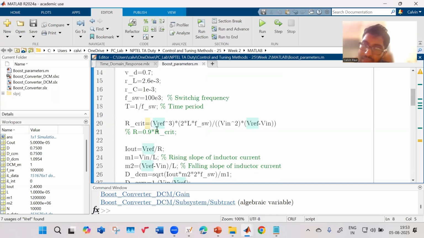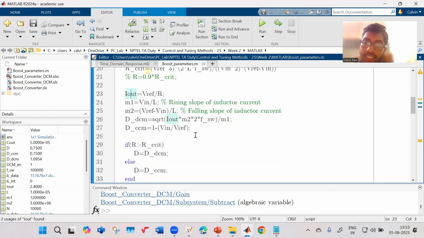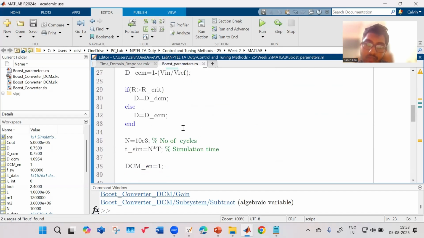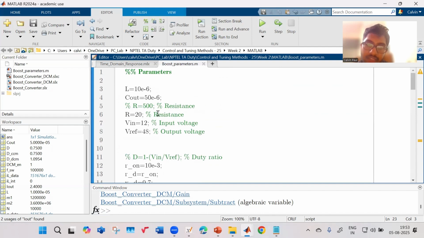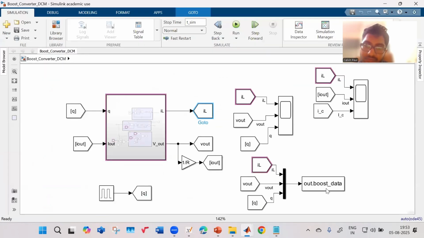Now, as we derived, this is the formula for the critical resistance. And this is the output current. Now, in DCM, the duty will be different. In CCM, the duty will be different. Let us see how. Let me run it for R equal to 20 ohm.